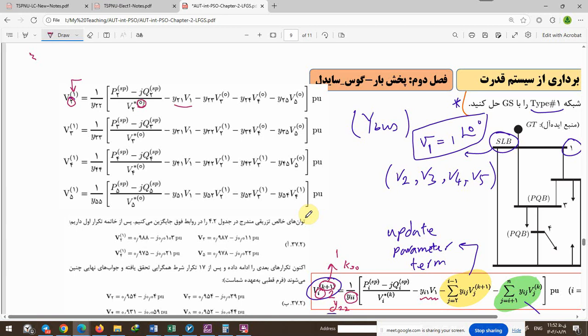All of the parameters are initial, so the yellow part is ignored and the next part is activated. Green part activated. Y23 V3 initial value, Y24 V4 initial value, Y25 V5 initial value.